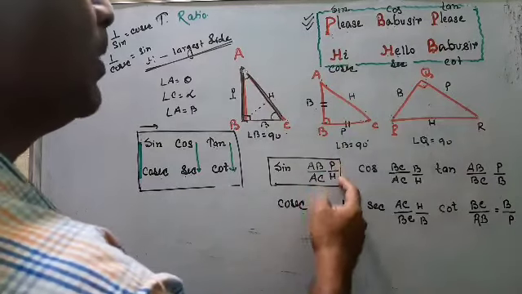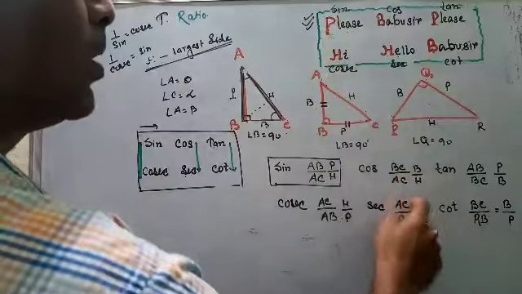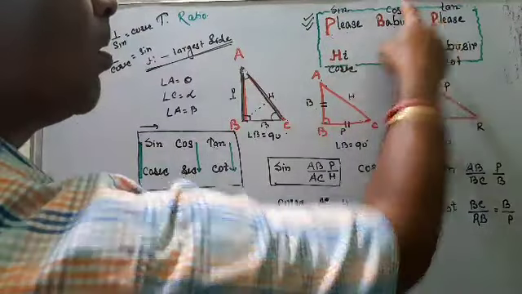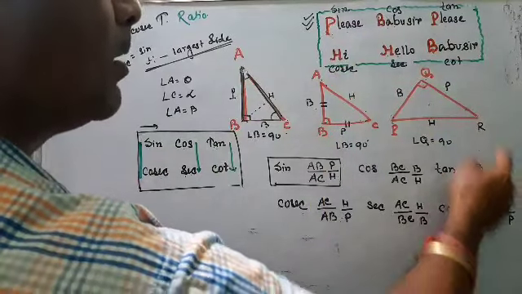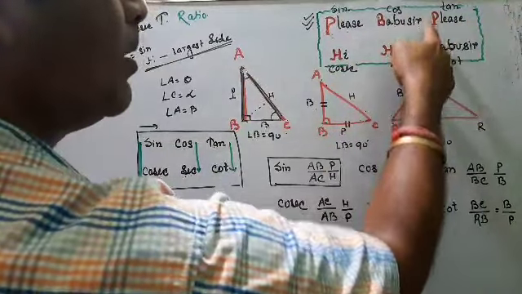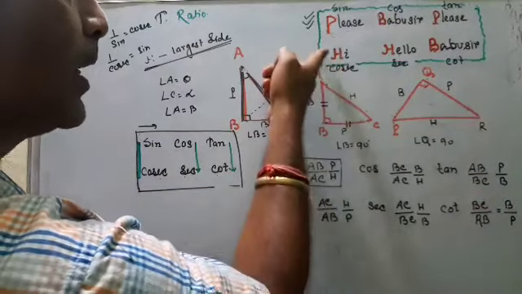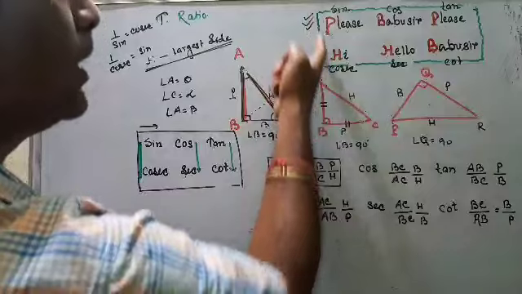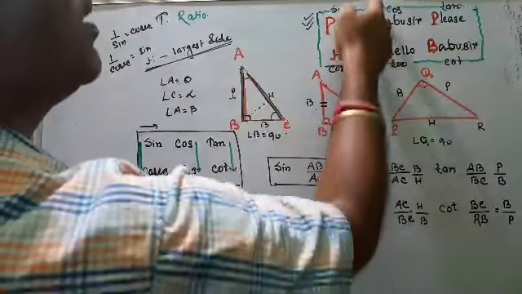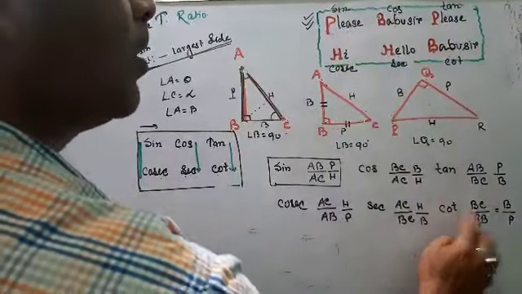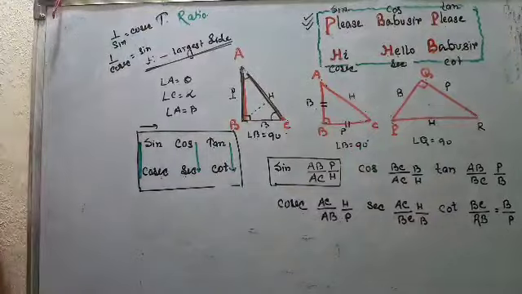Sine, P by H. Cos, B by H. Tan, P by B. Cosec, H by P, go upward. Sec, H by B. Cot, B by P. So very easy tricks.